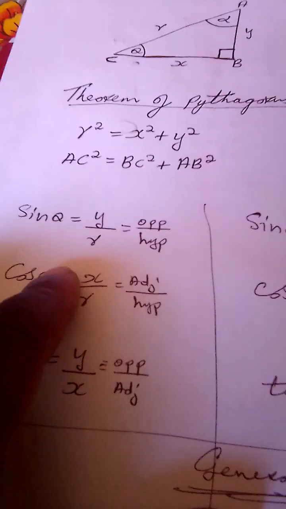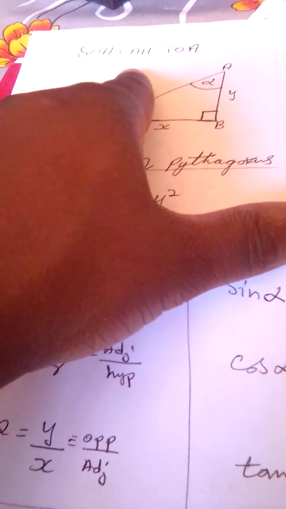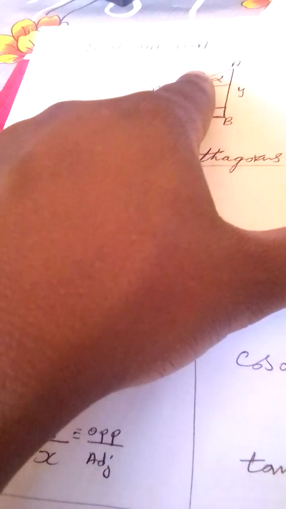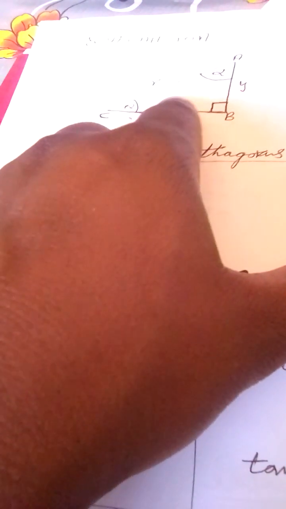The next one is cos theta. We know that cos is adjacent over hypotenuse. Remember, this side is always hypotenuse. The side that the angle is facing is opposite. Obviously, this one will be adjacent.